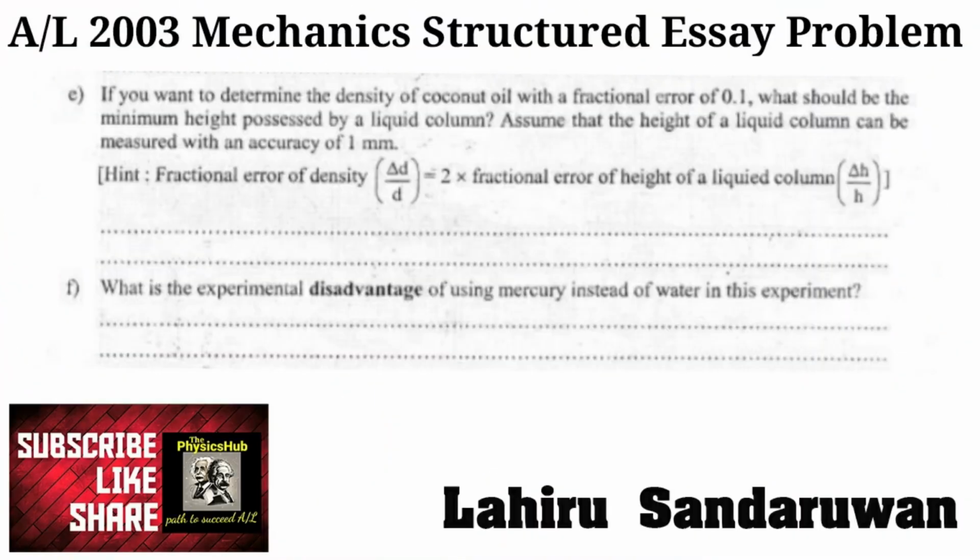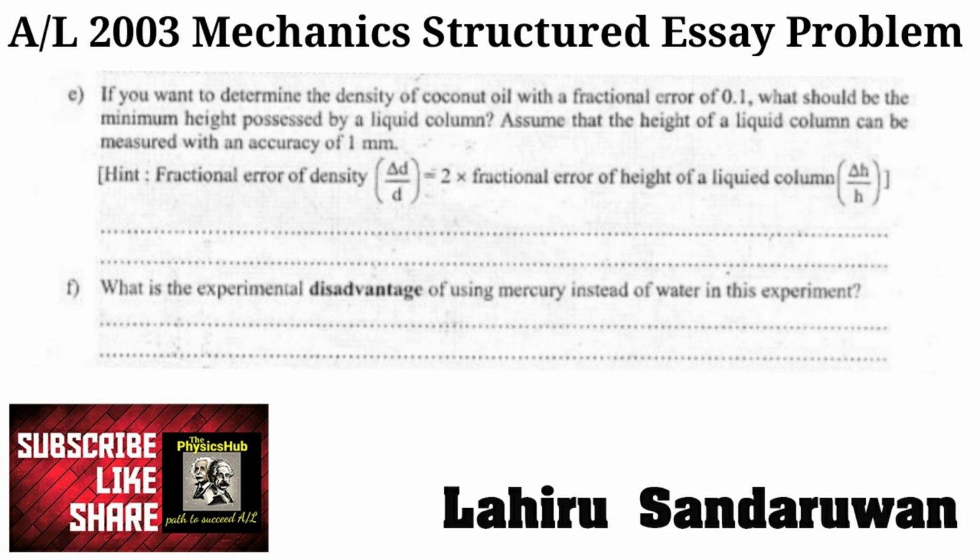Then part E, if you want to determine the density of coconut oil with a fractional error of 0.1, what should be the minimum height possessed by a liquid column? Assume that the height of the liquid column can be measured with an accuracy of 1 millimeter. They have given a hint.